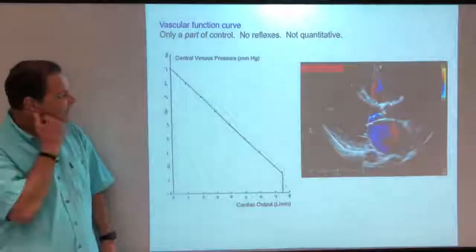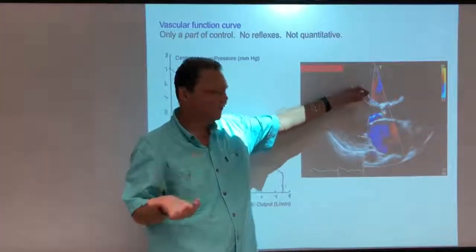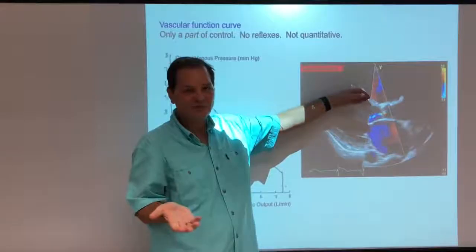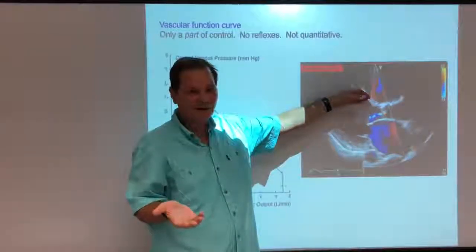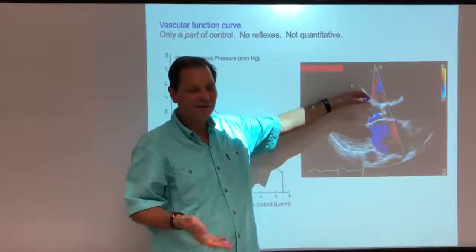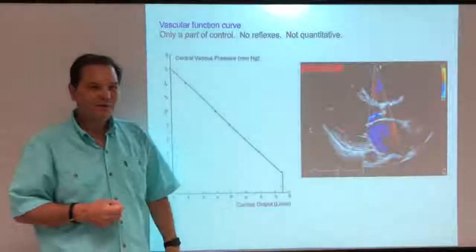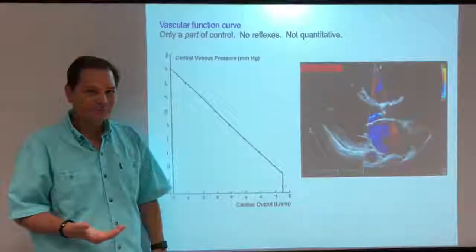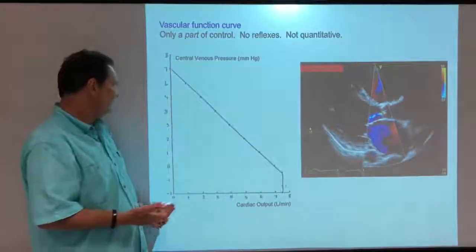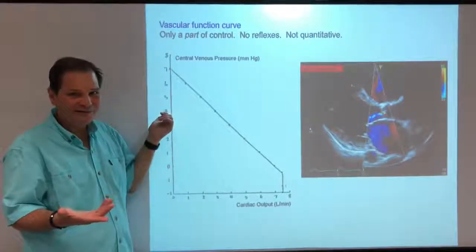So, we have our dilated cardiomyopathy patient. Blood pressure is low, heart rate's pretty high, so you know the stroke volume is really low. Okay, and her inotropic state is low. So, if her cardiac output is low, what do you think happens to her central venous pressure? It goes up, right?